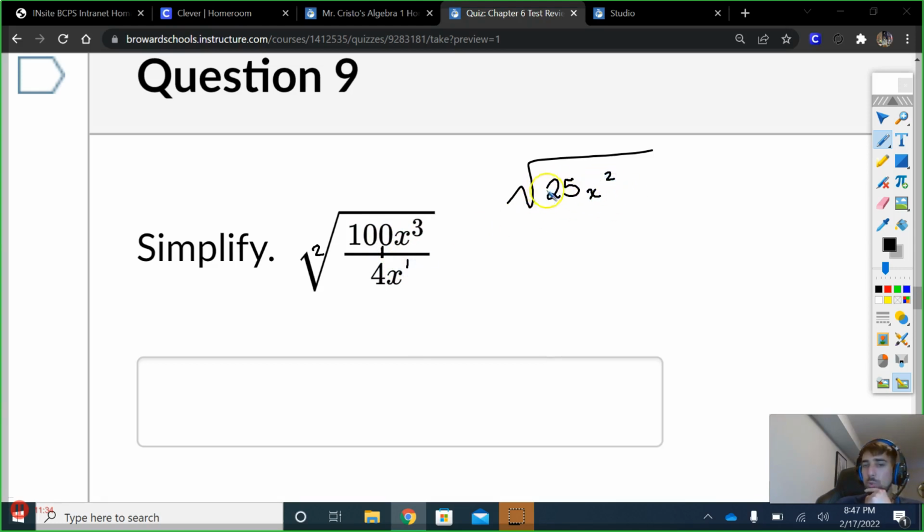I can do the square root of 25, which is 5. Radicals make fraction exponents. 2 divided by 2 is going to give you x to the 1, which is just saying x.